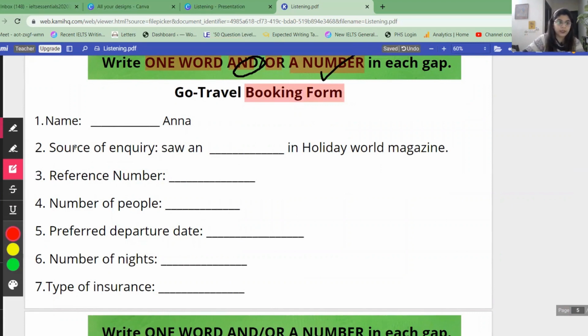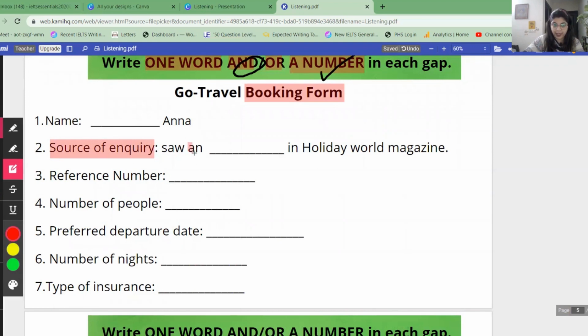Okay, now see, the first question is asking for the name. So dash Anna. So whatever the first name would be. Okay, so we need to hear the name. Of course, you cannot predict the name. So we know that we need to hear the name. Now, second is, what they are asking is source of inquiry. Saw and dash.